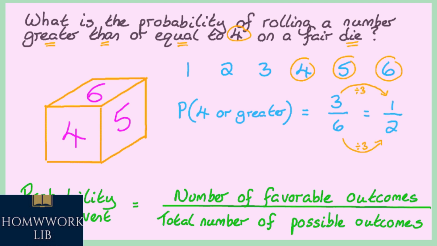Since the numerator and denominator are divisible by 3, we can simplify this fraction. And we can therefore conclude that the probability of rolling a number greater than or equal to 4 on a fair die is 1/2. It is worth noting that we could also write our answer as a decimal or percentage. 1/2 is equal to 0.5 and 50%.